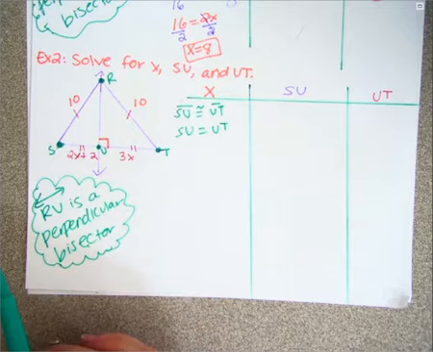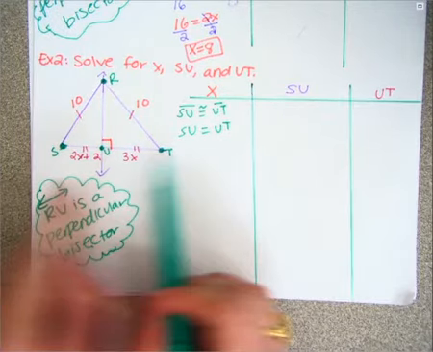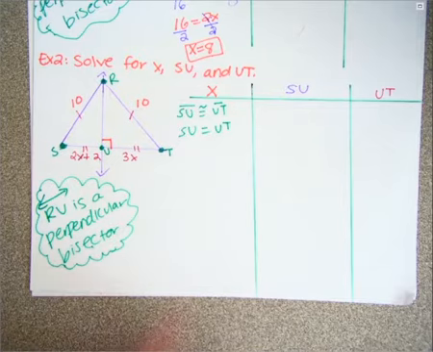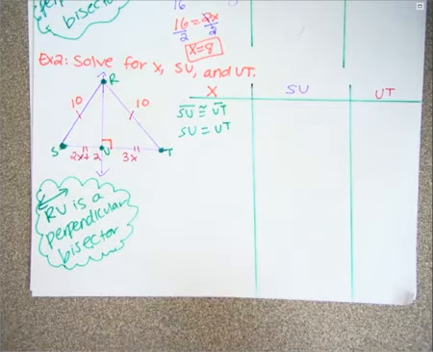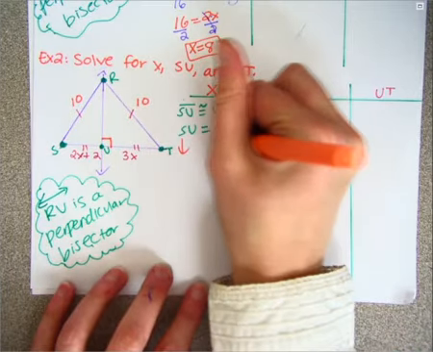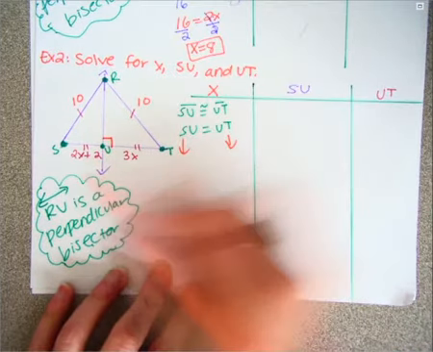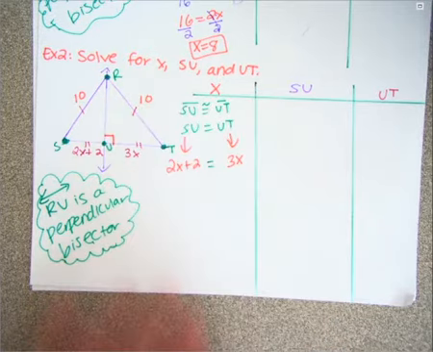So I can use these two segments to help me find X. I'm going to substitute in what SU and UT equal. SU equals 2X plus 2, and UT equals 3X. From here, I just need to solve this for X.